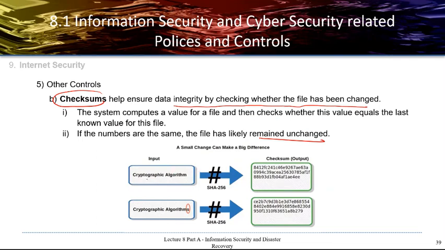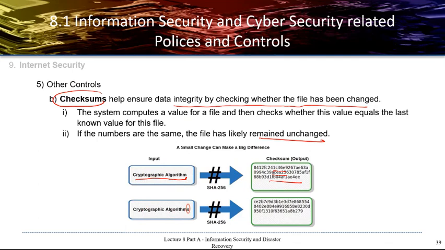Let's say this word is the input, and it will be hashed and represented as a checksum output like this, some characters. Now the file has slightly changed. Instead of "a cryptographic algorithm", the name now comes as "a cryptographic algorithms".